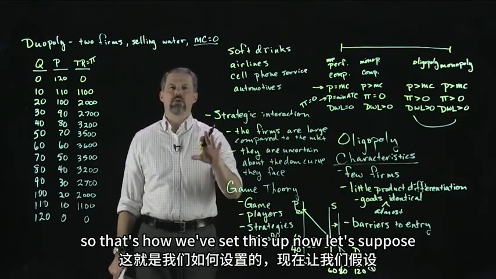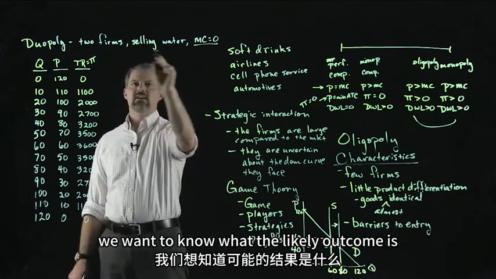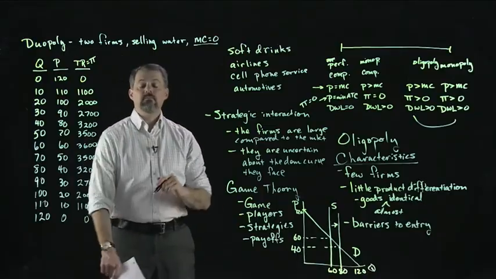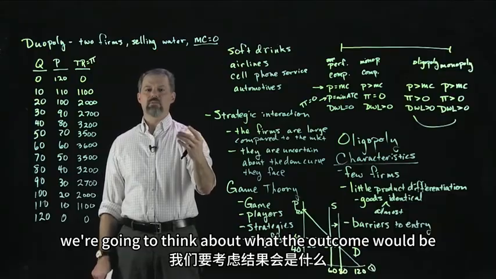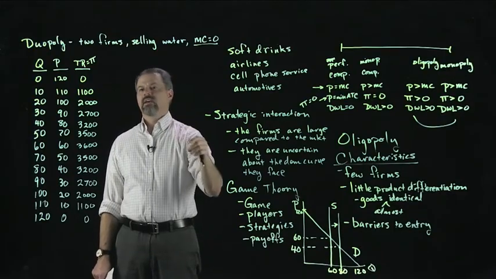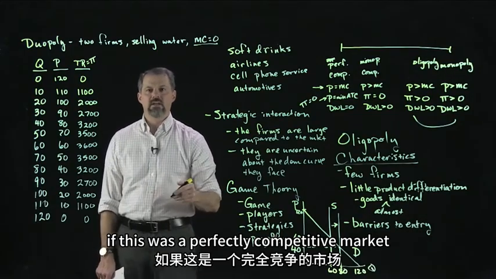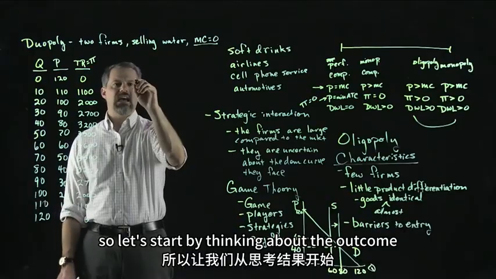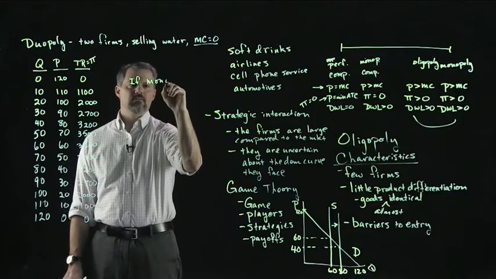Now let's suppose that we think about a couple of extremes. We want to know what the likely outcome is for these two firms. The way we're going to figure this out is we're going to think about what the outcome would be if there was just one firm, and then we're going to think about what the outcome would be if this was a perfectly competitive market. So let's start by thinking about the outcome if this was a monopoly.